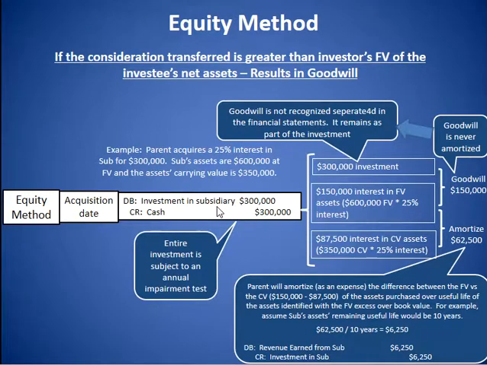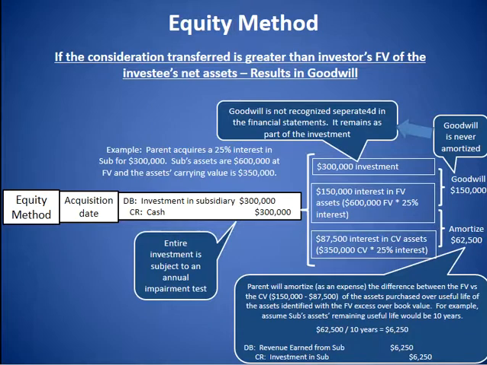Now, the first thing we need to do is realize that we made a $300,000 investment. However, that investment was for 25% of the fair value of the net assets of the company.